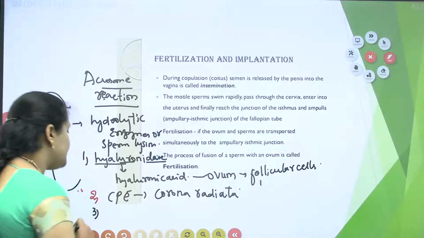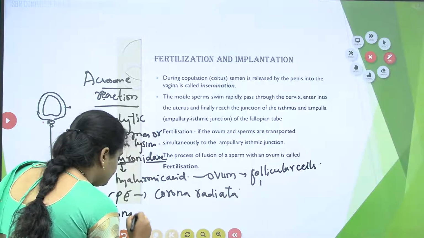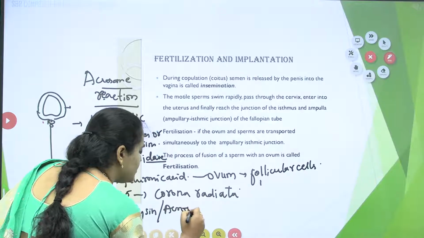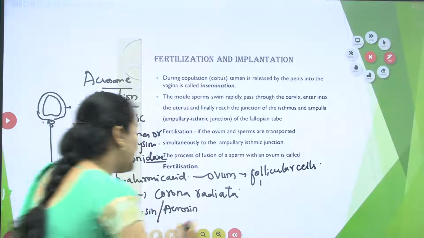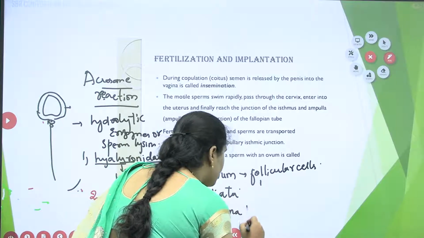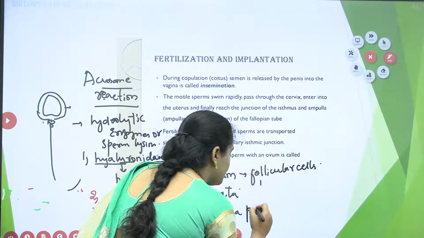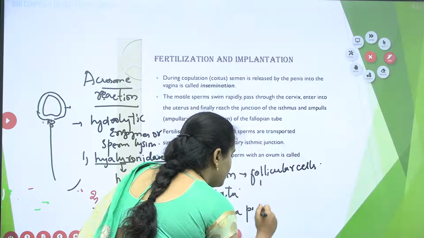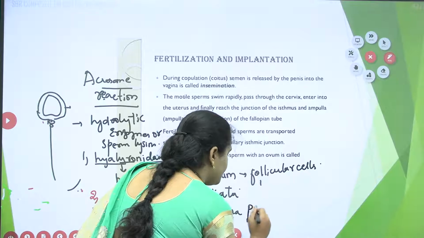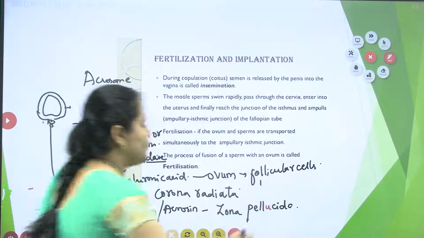The third enzyme is the zona lysin, also called acrosin. This enzyme will help in dissolving the zona pellucida.